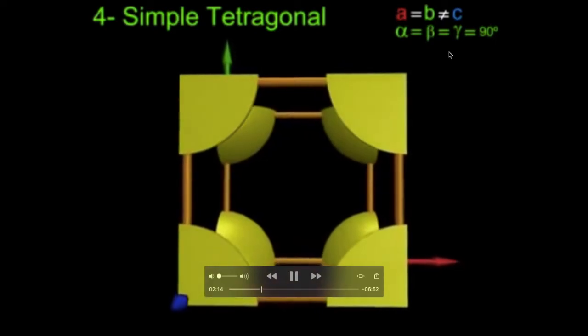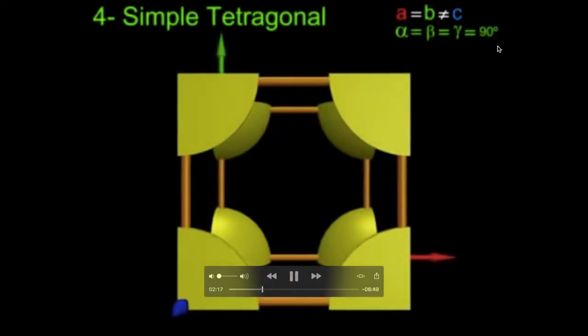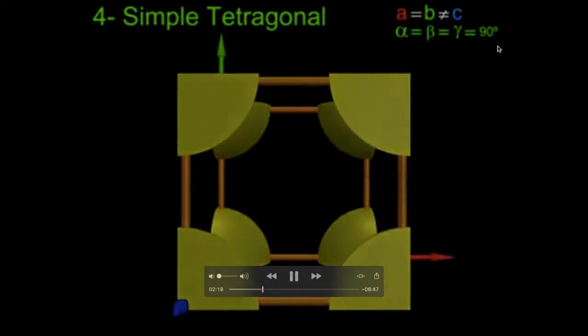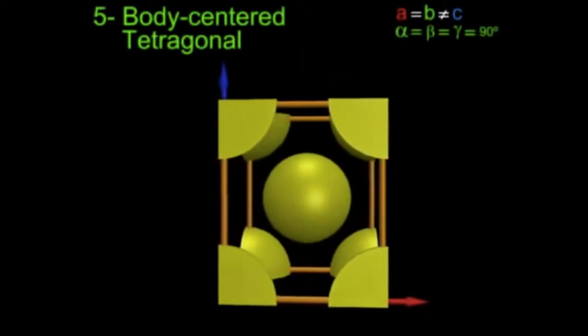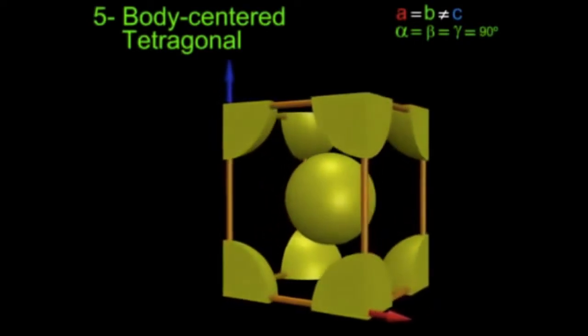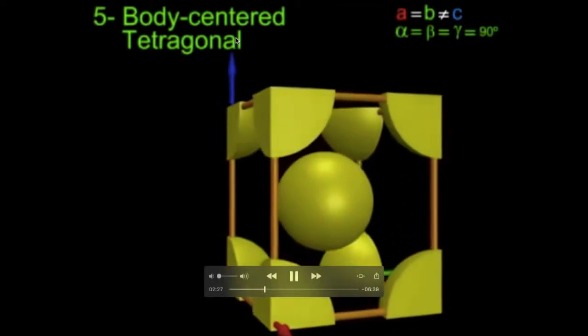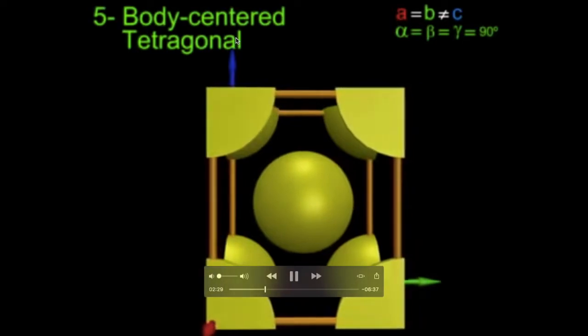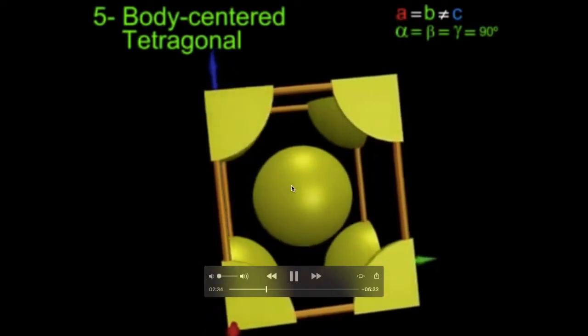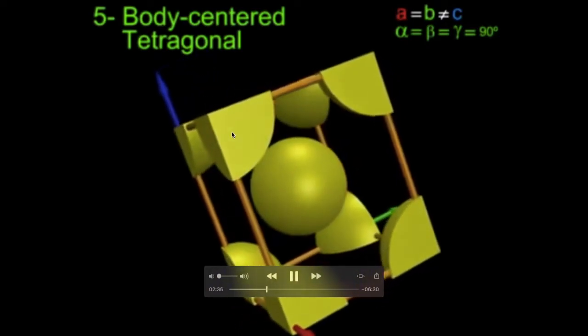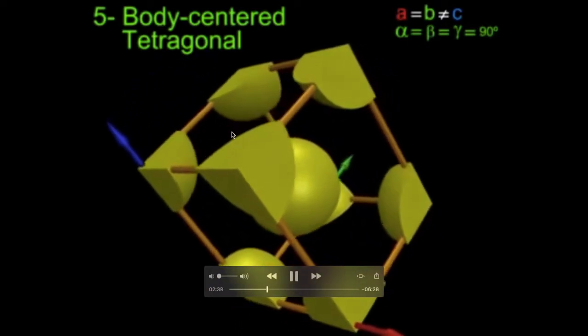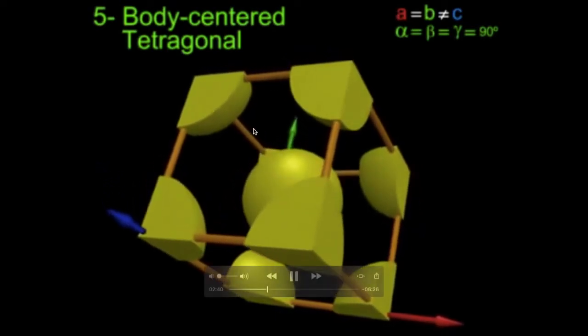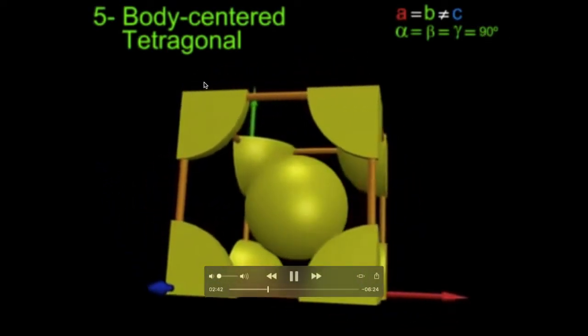All angles are 90 degrees. The second type of tetragonal unit cell is body centered tetragonal, in which a particle is present at the center of the unit cell as well as at the corners of the unit cell. Parameters will be the same.